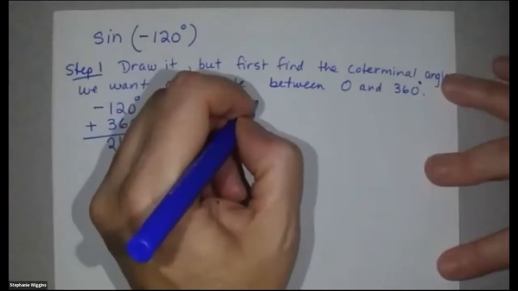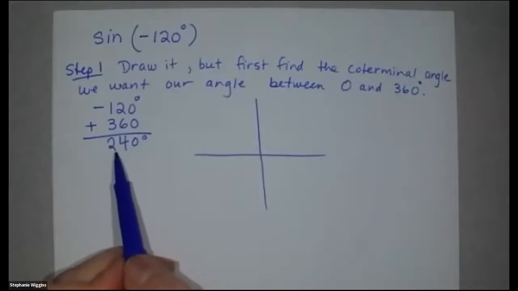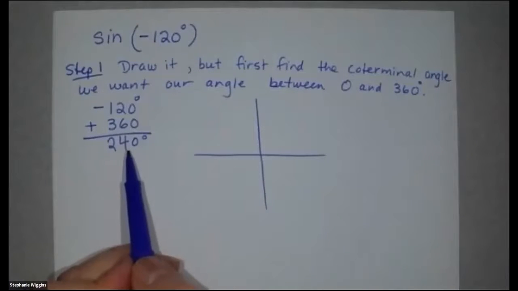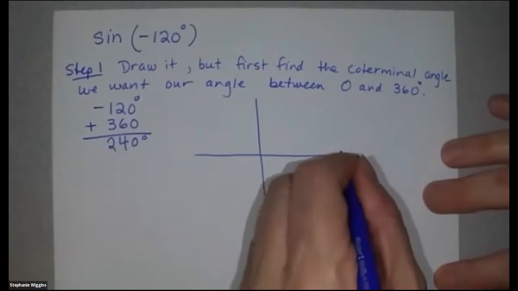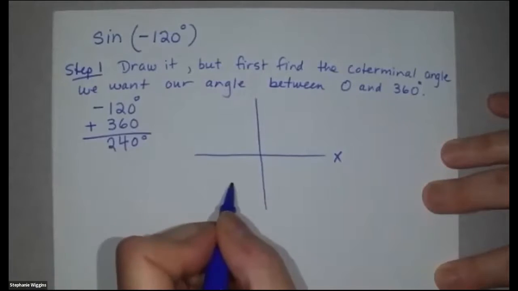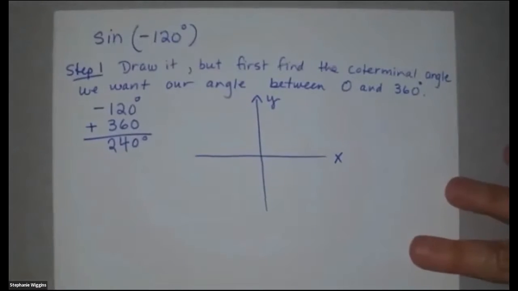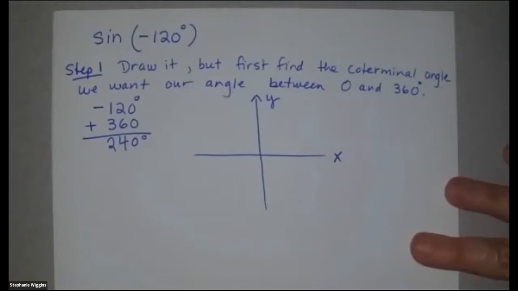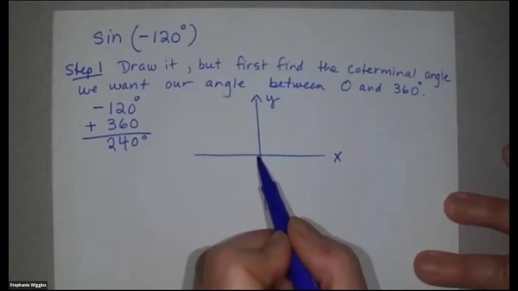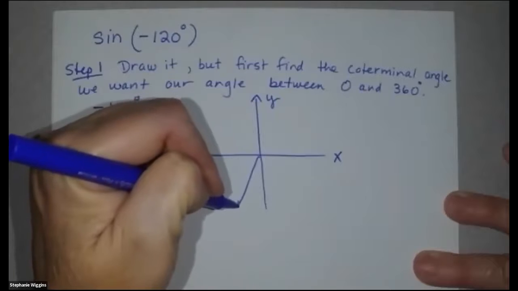And so we want to draw this. So it's past 180, but shy of 270. So here's 270, here's 180, so it's in the third quadrant. And 240 is, let's see, 180 plus 60. So it's going to be like right about here.